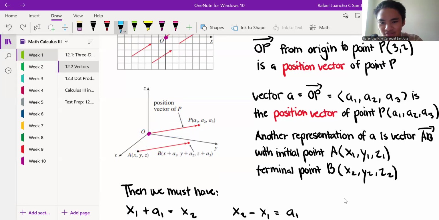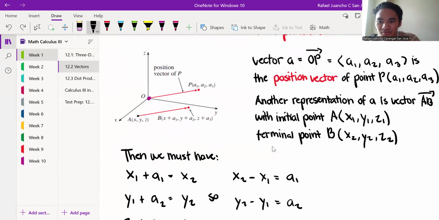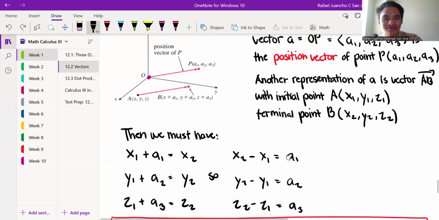And this other representation has an initial point A, the tail, and the tip is this B. So it's A with the point x1, y1, z1, and B, which is x2, y2, z2. Because the origin has the point 0, 0, 0.